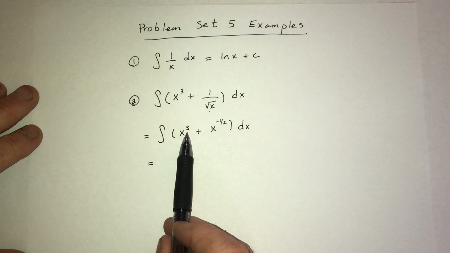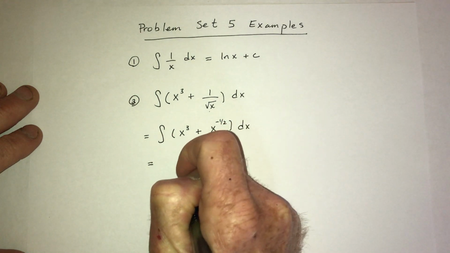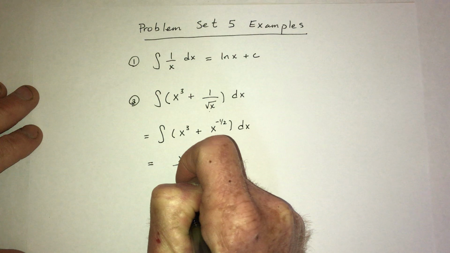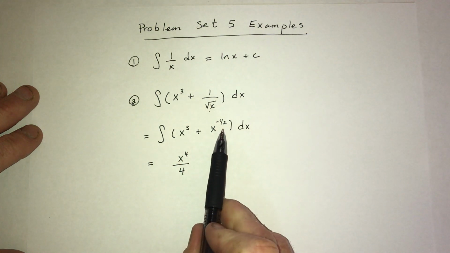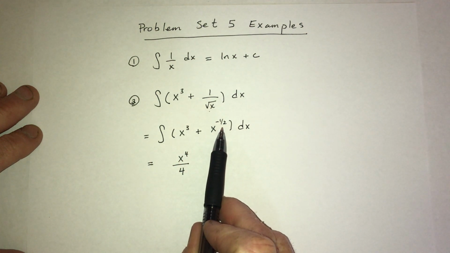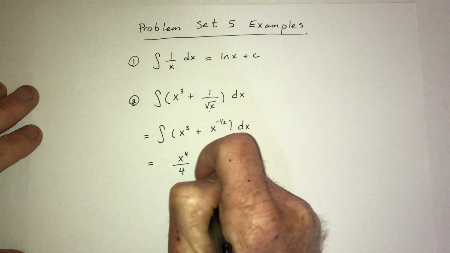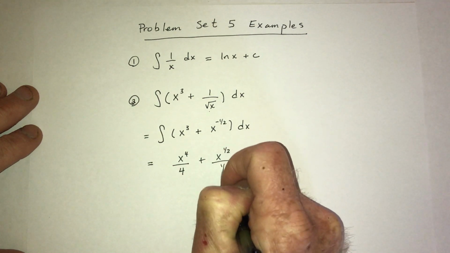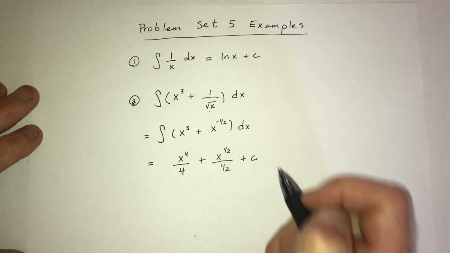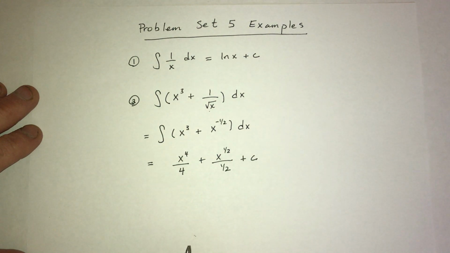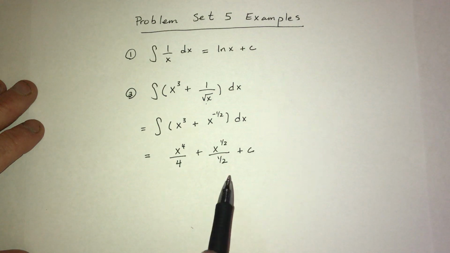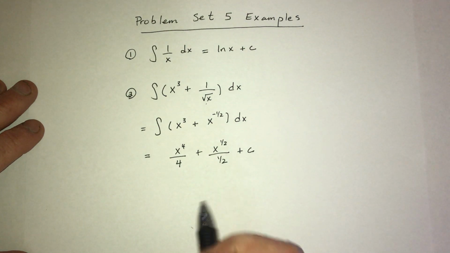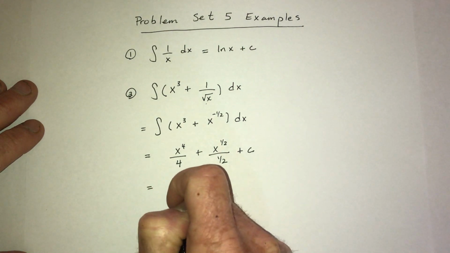So right here, add 1 to the exponent, that's going to be x to the 4 over 4. When you add 1 to this exponent, that's going to be a positive 1/2. So x is raised to a positive 1/2, and then divide by 1/2, and don't forget the plus c. Now this one just has one more step because this is a complex fraction. I need to simplify that.